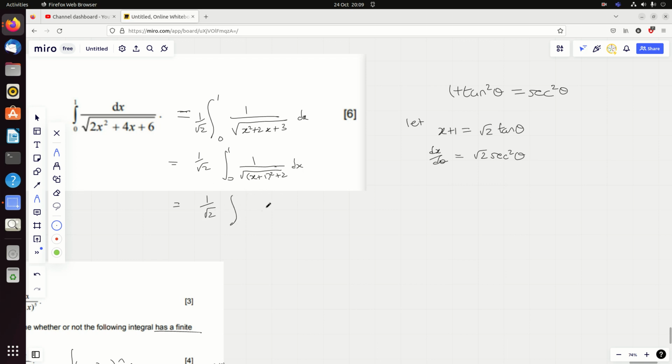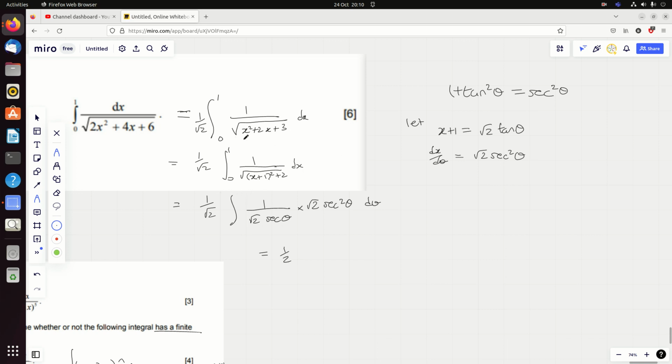I'll change the limits in a second. We're going to get 1 over, right, this is 2 tan squared plus 2, which is 2 sec squared, which is root 2 sec theta. But we're going to multiply it by, well, dx can be swapped with root 2 sec squared theta d theta. And that equals, take out the 1 over root 2, make this a half.